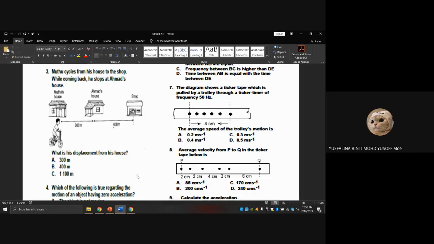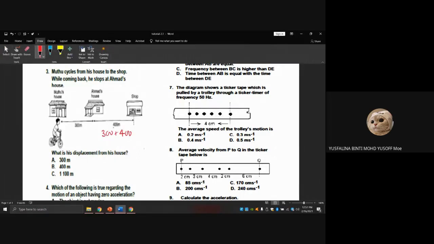From his house to shop, and then stop at Ahmad's house. Alright, 300. Okay, correct. So Muthu cycles from his house to shop, so the displacement is 300 plus 400, so 700. And then when he gets back from the shop, he stopped at Ahmad's house.